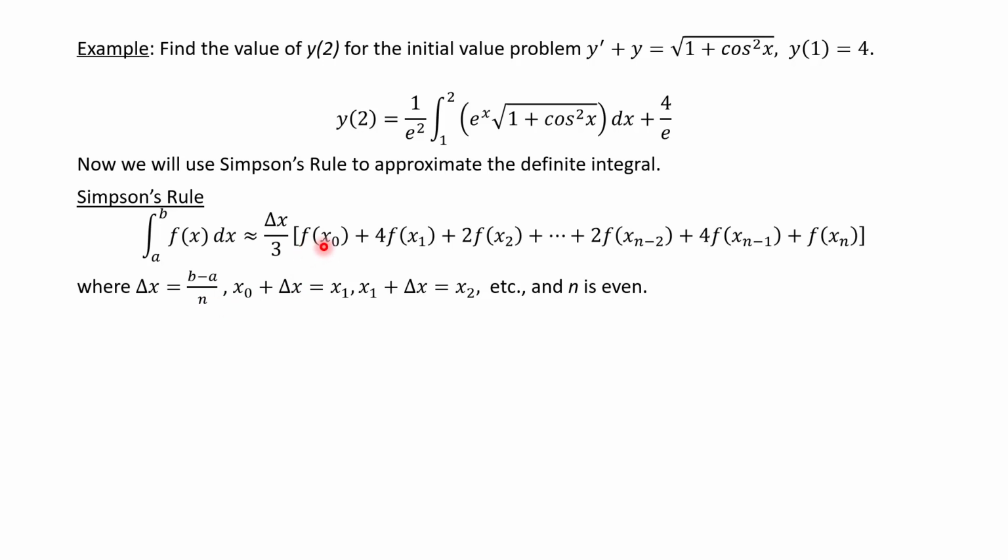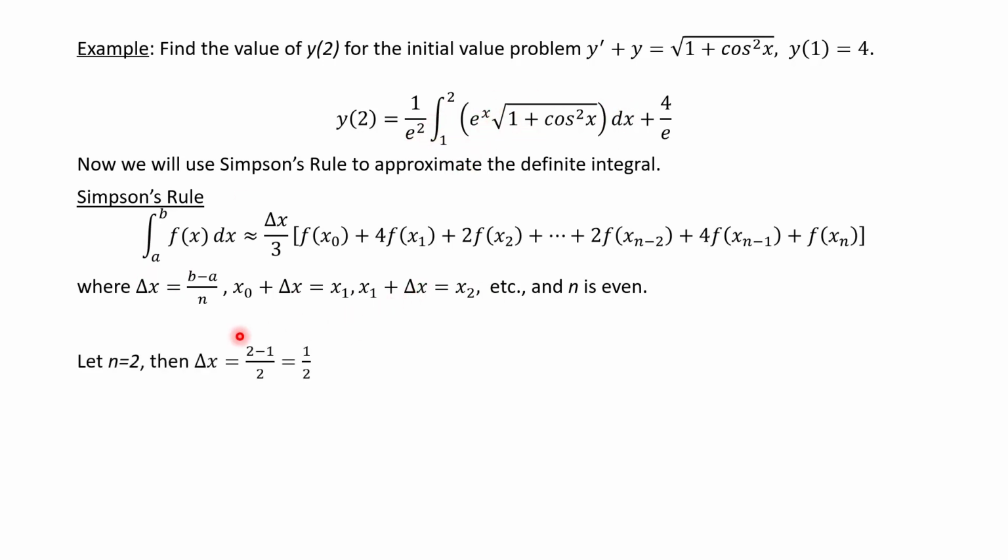And then f of x sub 0, x sub 1, and so on, all these values. F is your function, your original integrand. Evaluated at these different x values, and those are found from taking your starting point, in this case a, and adding your delta x to it to get the next x value. Okay, so again, you don't have to worry about this too much. I just want to show you what it is, and we're just going to use it to approximate this solution.